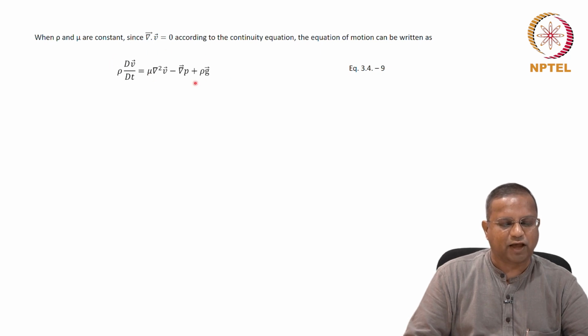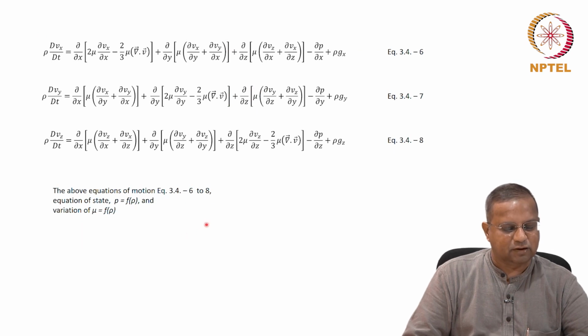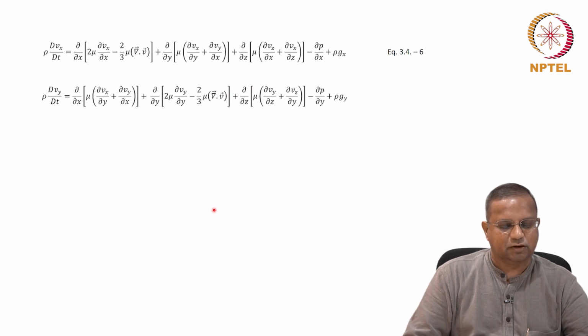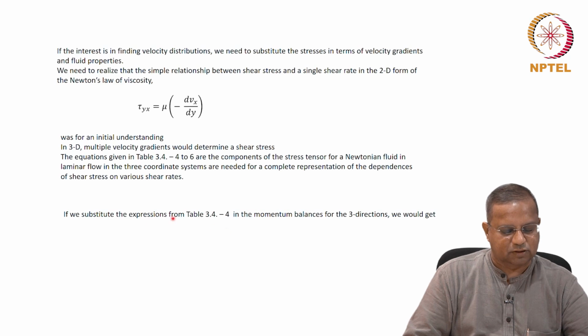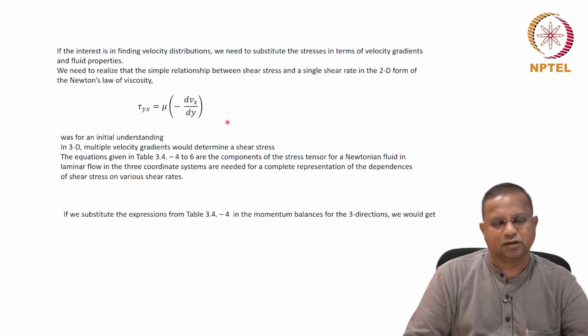And this is valid, of course, for a Newtonian fluid, because the relationship between the shear stress and the shear rate in tables 3.4-4 to 6 is valid only for a Newtonian fluid.